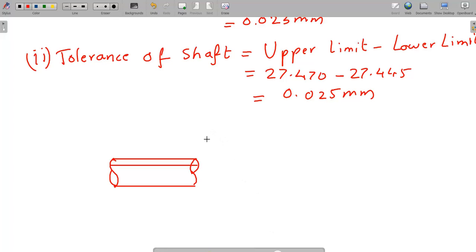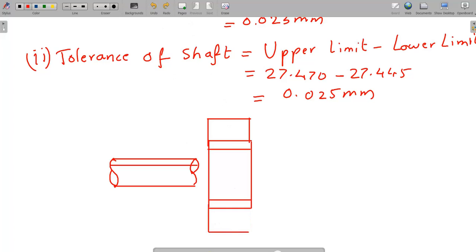Now again, this is my hole. This particular shaft is going inside the hole. Now this is the tolerance zone of the hole, and this is the tolerance zone of the shaft.